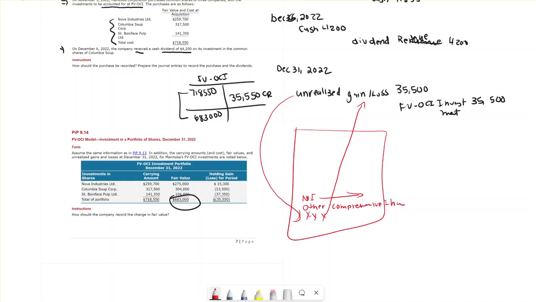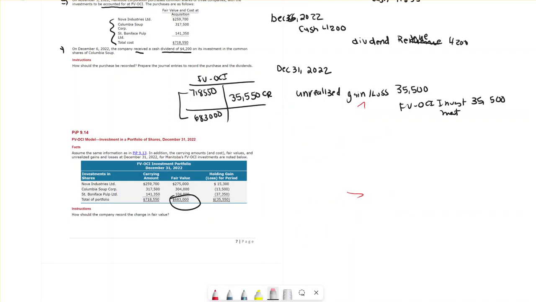Under that you could have an unrealized gain or loss. Since we say that everything on the income statement gets closed to accumulated other comprehensive income, you need to keep a running total of it. So if you have a debit balance, your accumulated other comprehensive income will at the end have a credit balance. Another way to look at it, how do we close that?